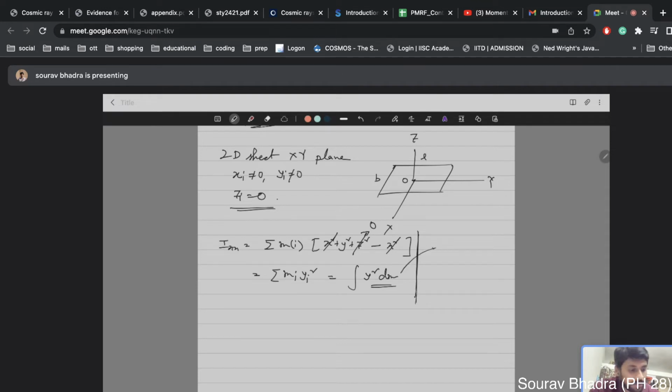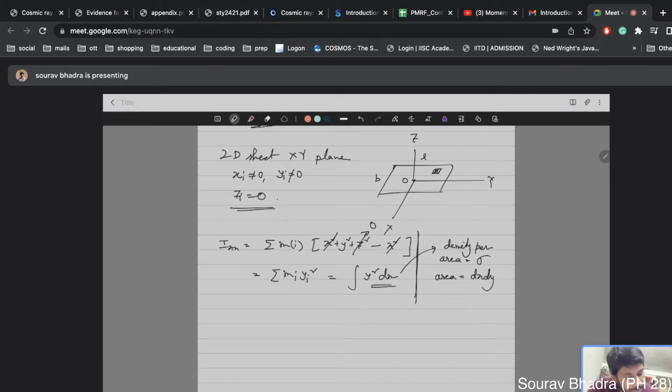If the density per unit area is sigma, then for this very small element which I have shown in the figure, the area is dx dy.